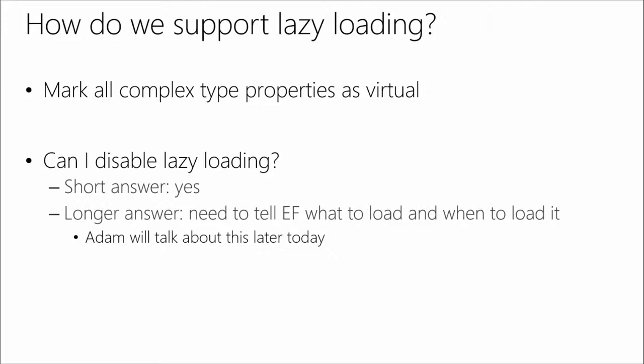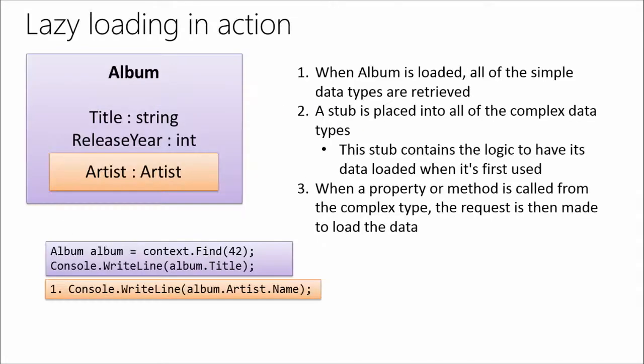We, however, need to support that. And the way that we're going to support that is by marking those properties as virtual. Very important. So to kind of back this up, what Entity Framework wants to do is put a stub into this place. So it's not actually an artist. It's something that looks like an artist.